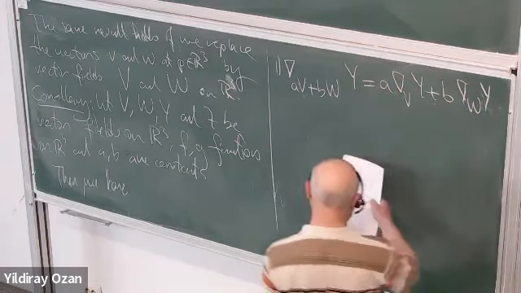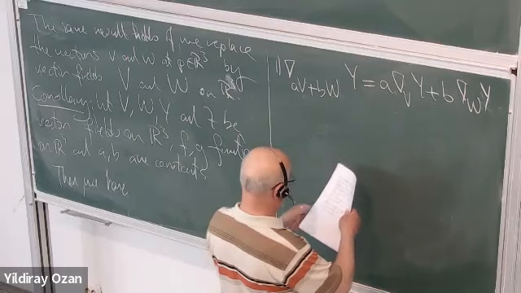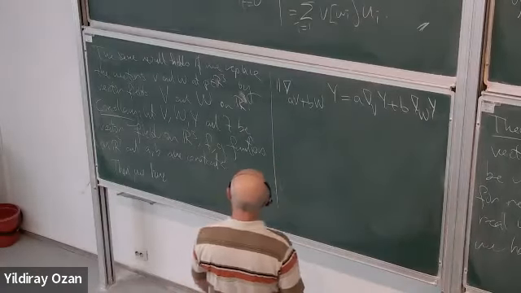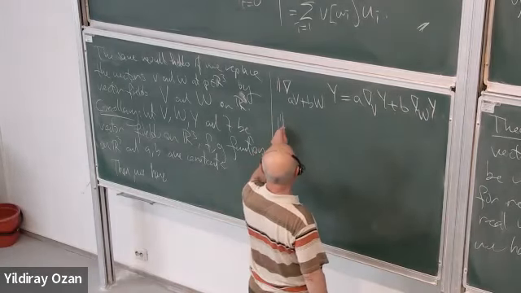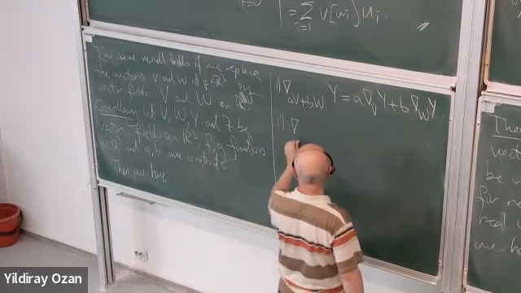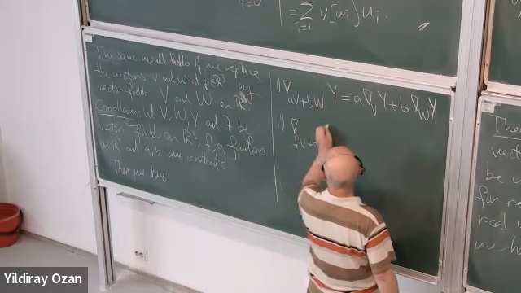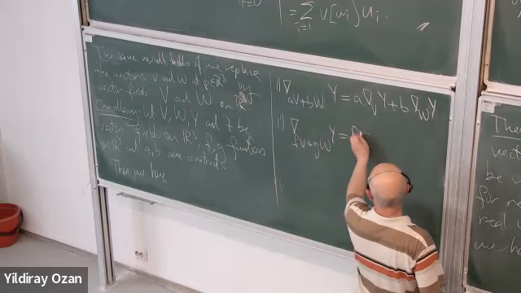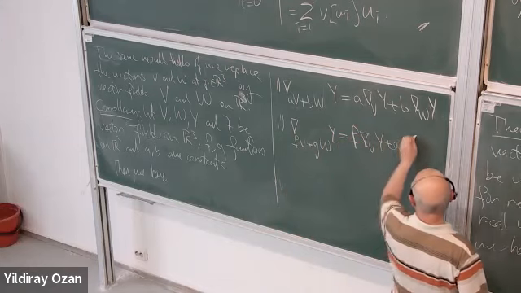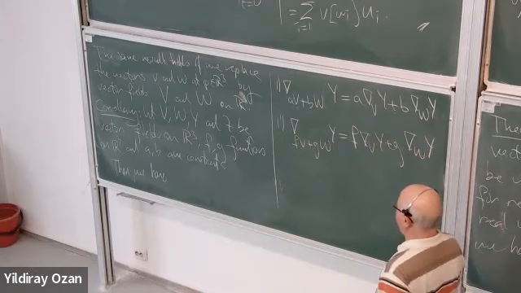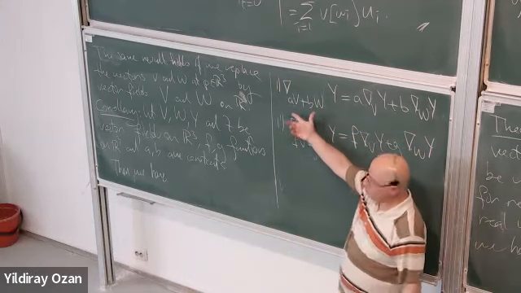Actually, let me put it this way: instead of a and b, we could have taken functions. Let me write it. So this is f times this plus g times this. You see, at any point, f and g are just two constants.